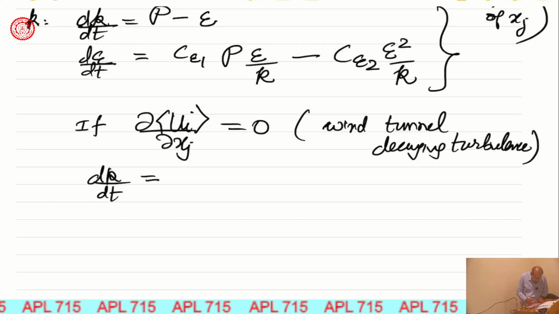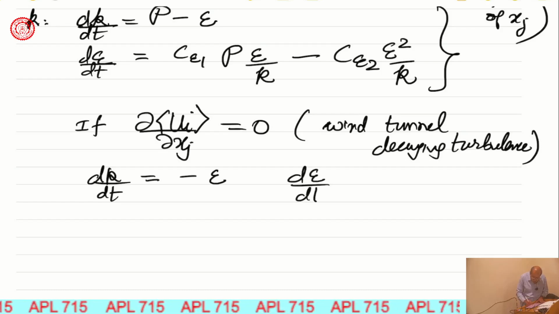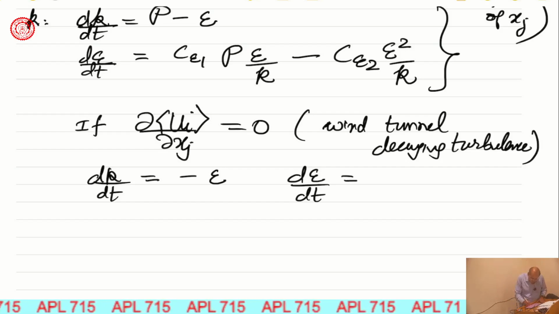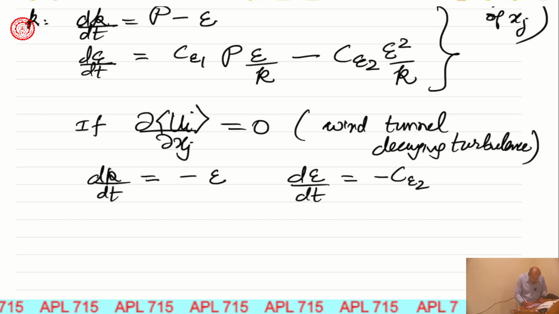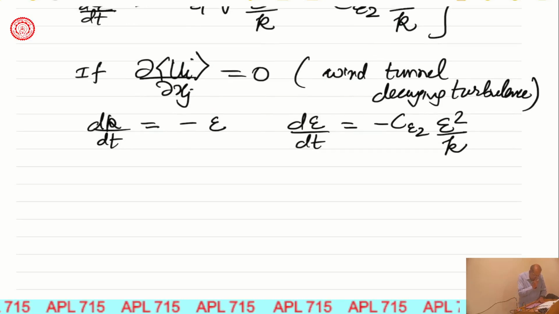dk by dt is equal to minus epsilon. And notice that's why I've removed the partial derivative from k and epsilon. They are functions only of time. This is equal to minus c epsilon 2 epsilon square upon k.